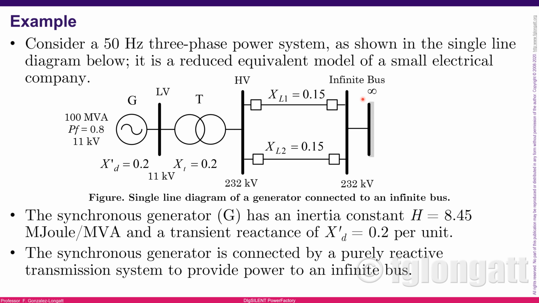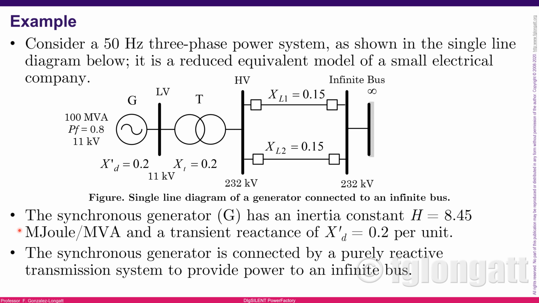Then we have a bus bar, and that bus bar we will say is very strong, an ideal connection to a very big power system. That is what we call the infinite bus bar, okay? What I'm telling you is this connection over here, defined by the infinite bus bar, is 232 kV. There are some additional data here.